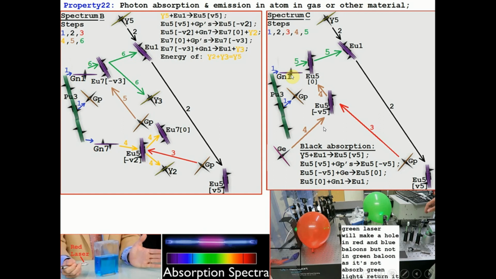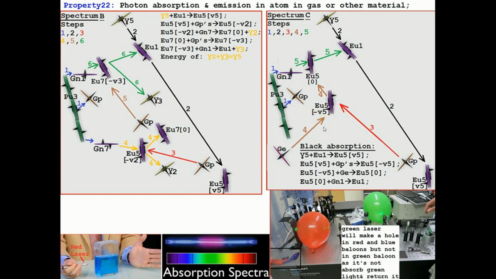We will call this process black absorption. In this process, the energy of the photon transforms into kinetic energy of the atom and causes the atom to vibrate because of the GE particles that influence the kinetic energy of EU5. This atomic vibration will cause heat.